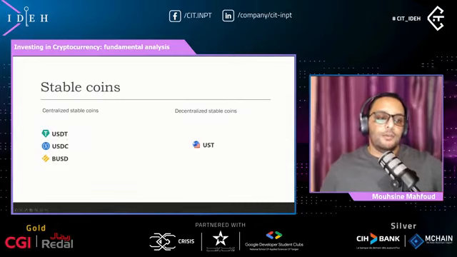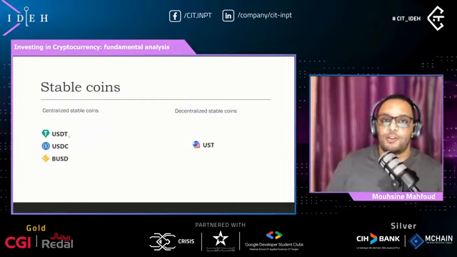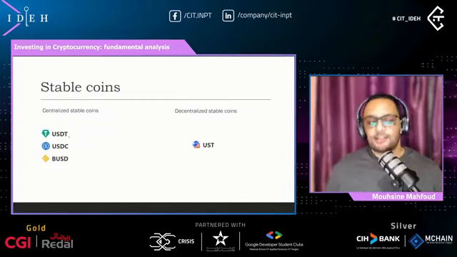USDT is a stable coin backed by Tether, a specific company that guarantees that each of the available USDT coins in the market is backed by exactly $1. So at any time you can go and get your equivalent amount of dollars.